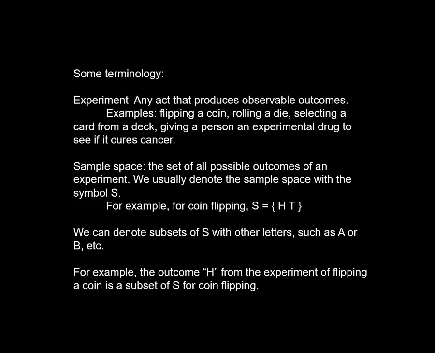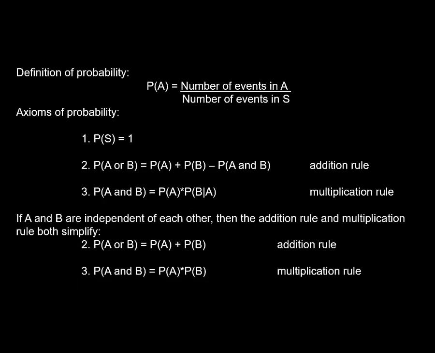Now, we can denote subsets of S with other letters, like A or B, X or Y, any letters we want. I'll typically use A and B to refer to two subsets of a sample space S. So, for example, the outcome heads from the experiment of flipping a coin is a subset of the sample space S for coin flipping.